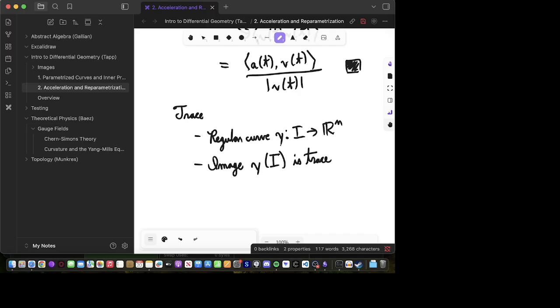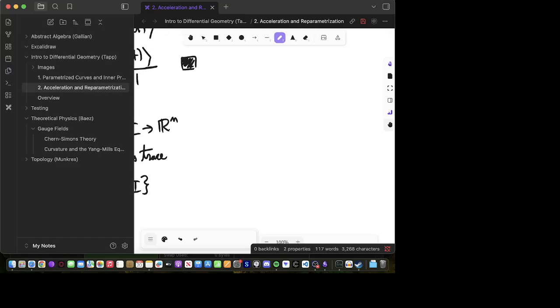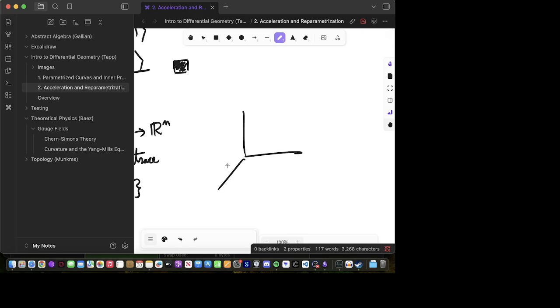So it's the set of all points gamma of t where t is in I. So if we have a curve that looks something like this, the set of points that are on the line will be the trace. It's just the set of all those points.